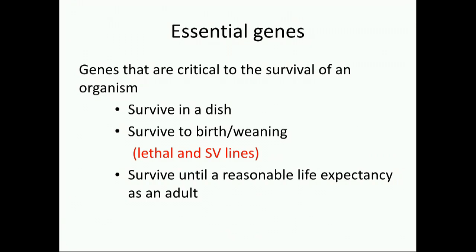So for instance, our lethal and subviable lines that don't survive to birth or weaning we consider those essential genes. But you could also think of essential genes as anything that would reduce the life expectancy of an animal. So there's been a variety of different ways that people have considered this, but we'll focus on the middle term.